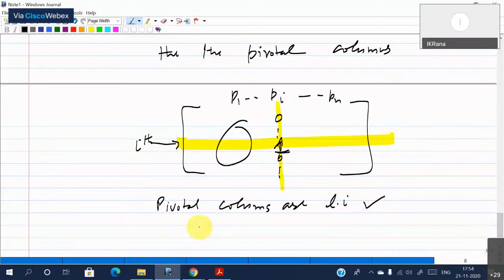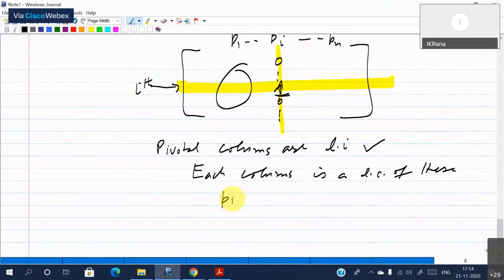And second, you can write each column as a linear combination of these pivotal columns.